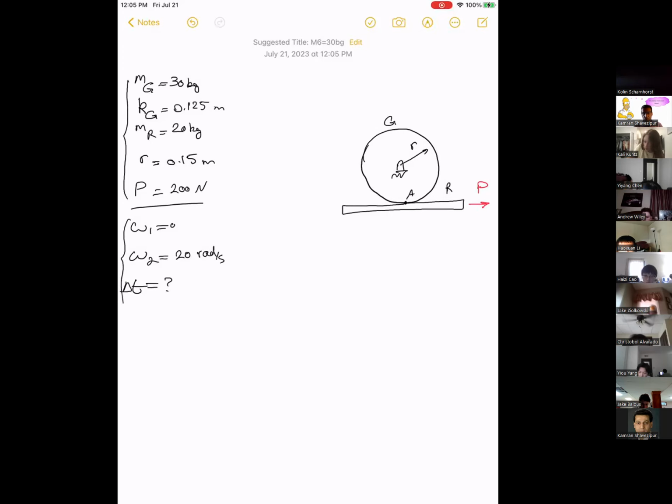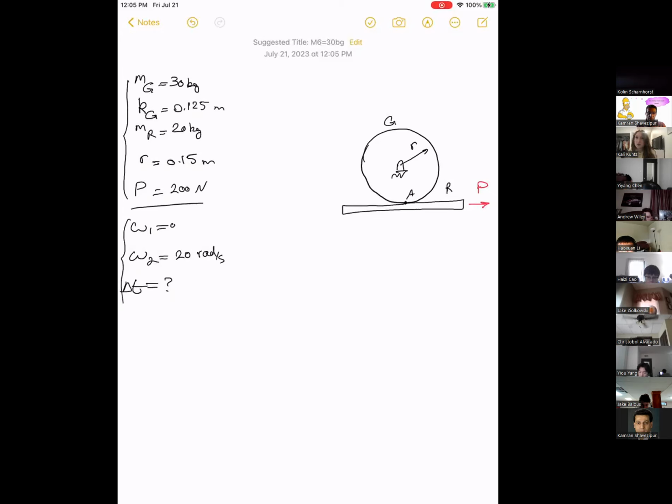So that kind of gives you the understanding of how you solve the problem, right? Obviously, we have a time interval, we have a constant force. One way was to solve it using Newton's second law, find the linear and angular acceleration, and find how much time you need to do that. The other way is to use impulse momentum.